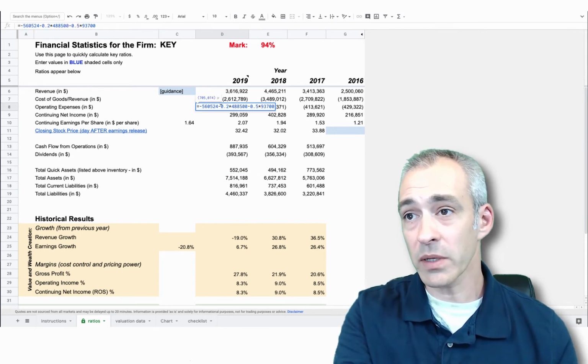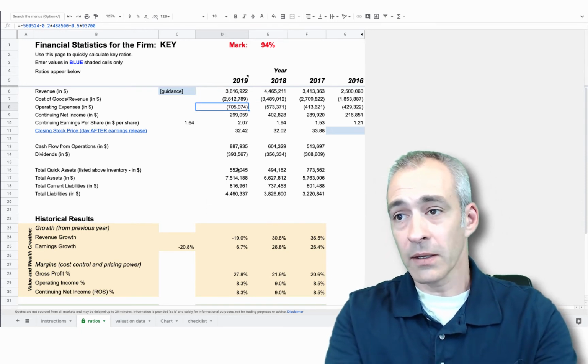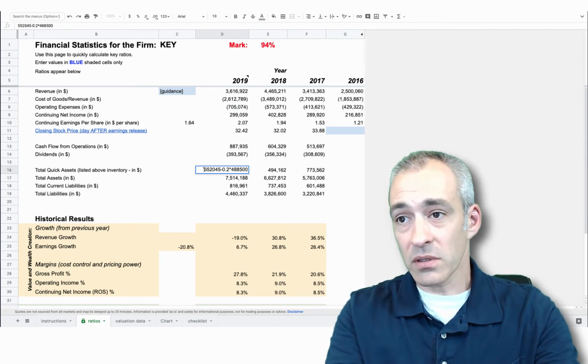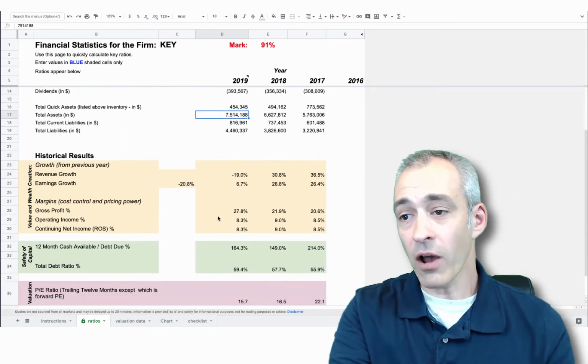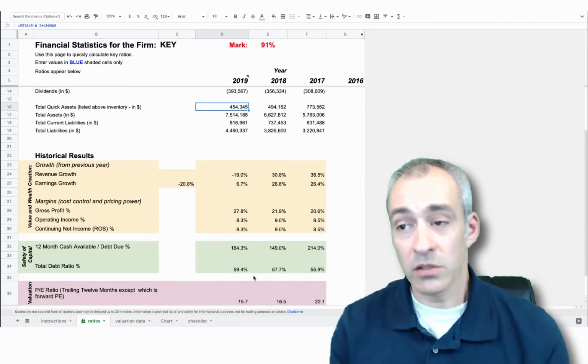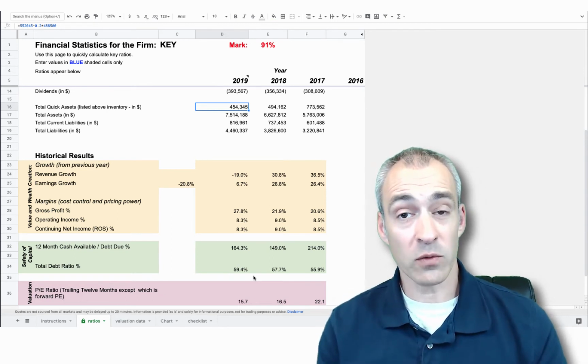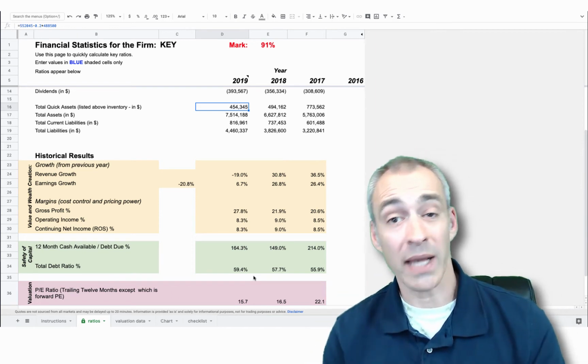Account receivable, 20%. We will subtract 20% of this number again, the accounts receivable at the end of the year value. That is going to reduce our quick assets. So we went from 176% of what we owe to 164% of what we owe in the next 12 months. Inventory has no effect because it's not a quick asset.